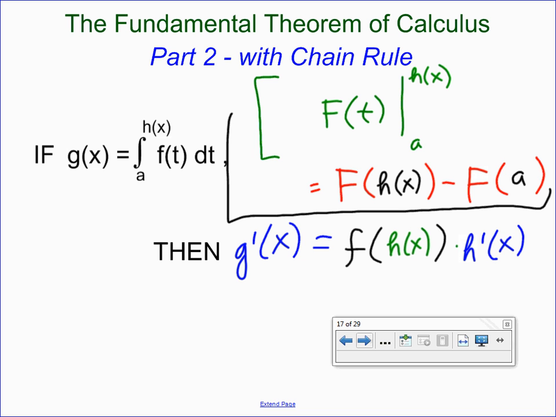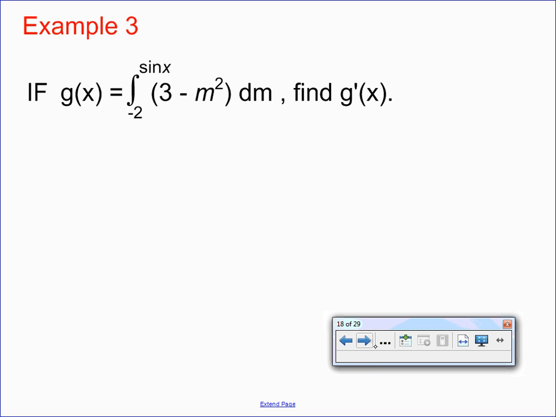Let's go ahead and try some. All right. If g of x is given by the integral defined expression, let's find g prime of x. Oh, g prime of x, that's easy cheesy. All I'm going to do for g prime is evaluate my integrand function at my upper limit.